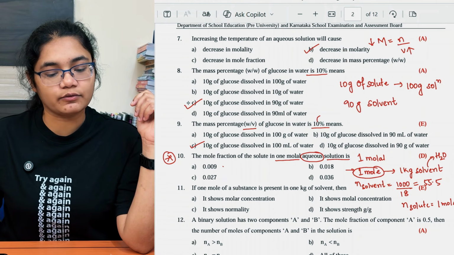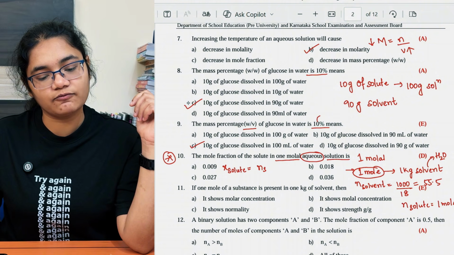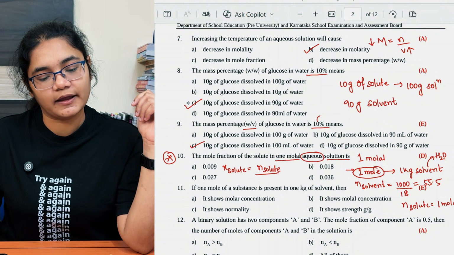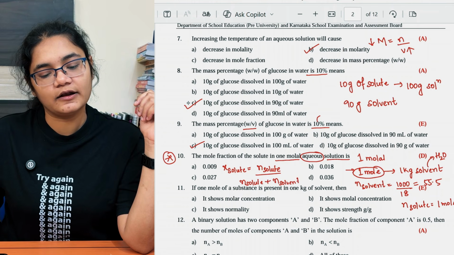Now if I want to calculate the mole fraction of solute, that is equal to number of moles of solute divided by number of moles of solute plus number of moles of solvent, right? Now you can substitute.